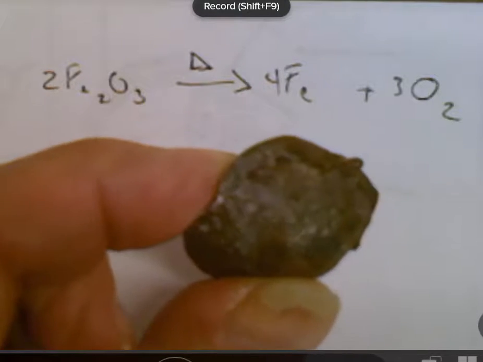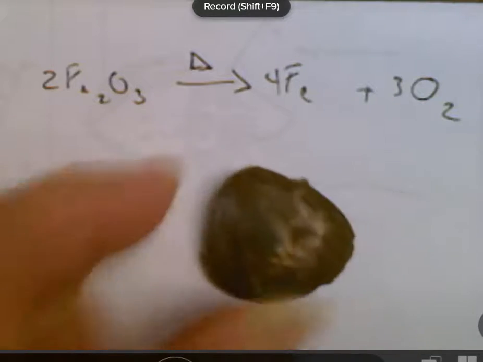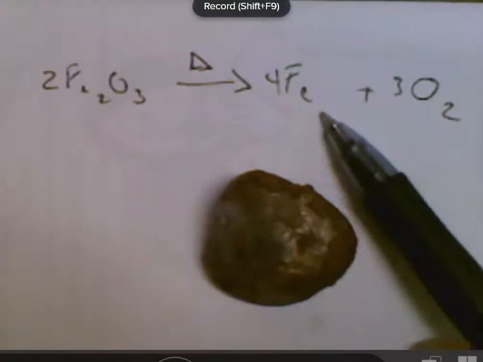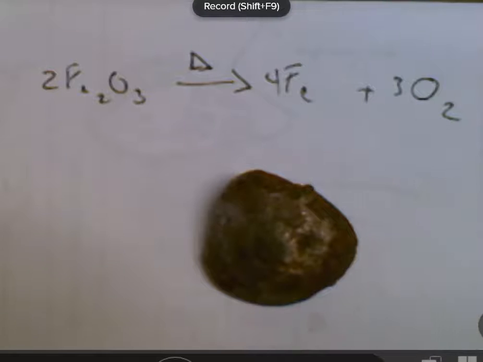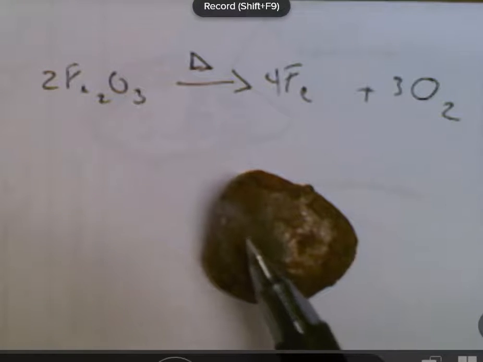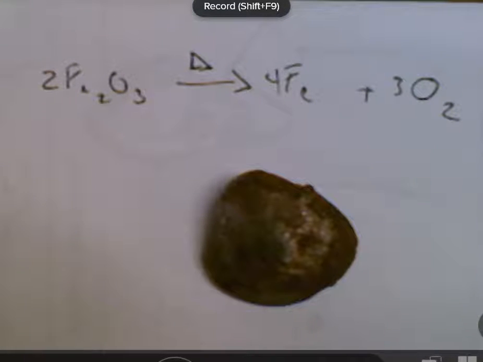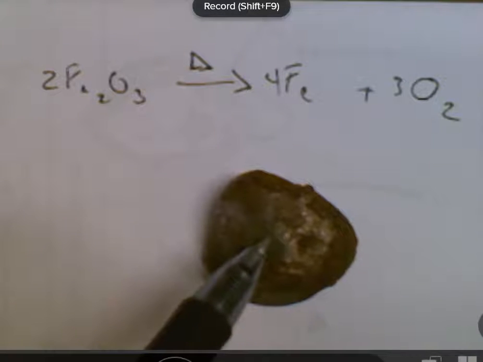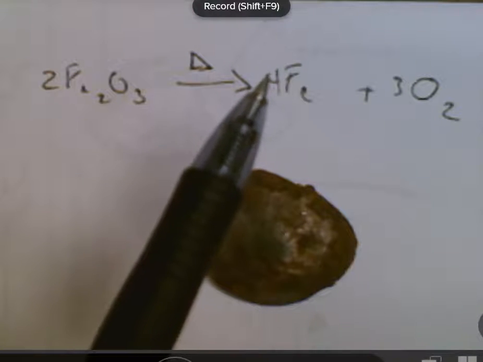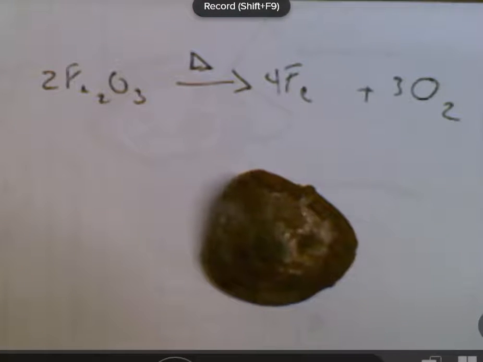Or excuse me, how many moles of iron that I have in my hand there. This is the iron that I produced, and I want to know how many moles I have of that. In order to figure that out, all I have to do is determine the mass of this, and then I look at the atomic mass units of iron, and I can then calculate the moles of it. So let's do that. We're going to go to the scale and determine the mass of that.